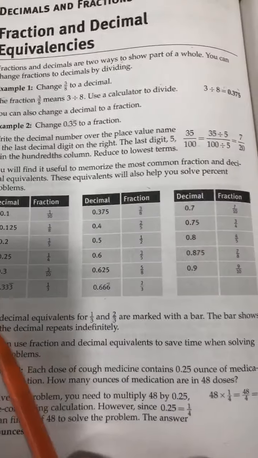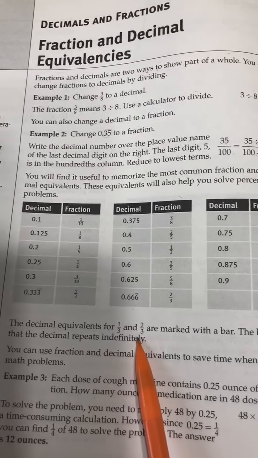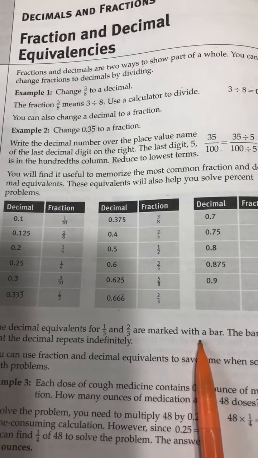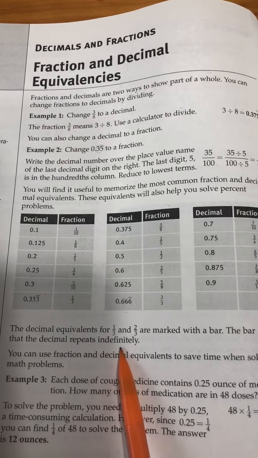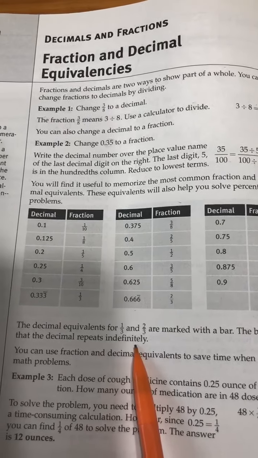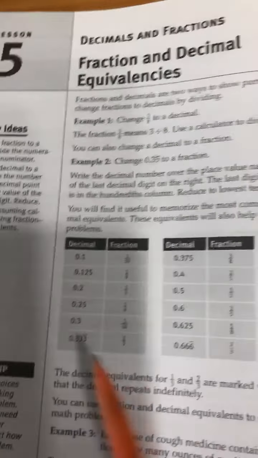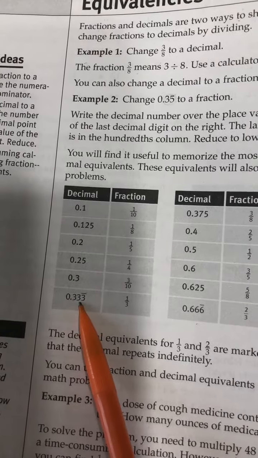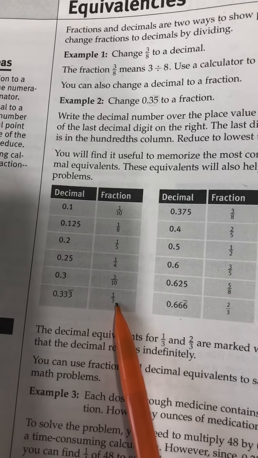The decimal equivalents for 1/3 and 2/3 are marked with a bar. The bar shows that the decimal repeats indefinitely. It keeps going, that means. I'll show you an example. 0.333 has a bar over it. That's equivalent to the fraction 1/3.